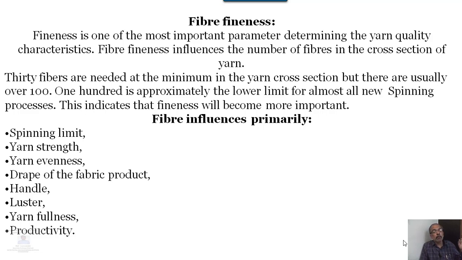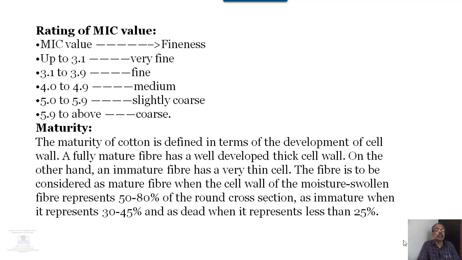Because if the fiber is not that fine, it is thicker, usually from its surface the diffraction of light will take place, so luster will drop down. Yarn fullness, the cover factor of the yarn, how that yarn appears fuller in appearance, is going to be decided, and productivity will be decided by the fiber fineness. So this is an important consideration.